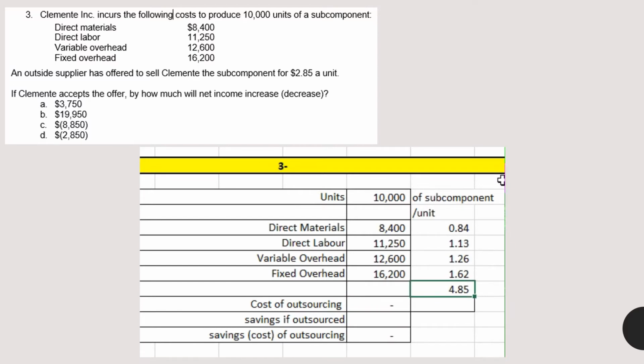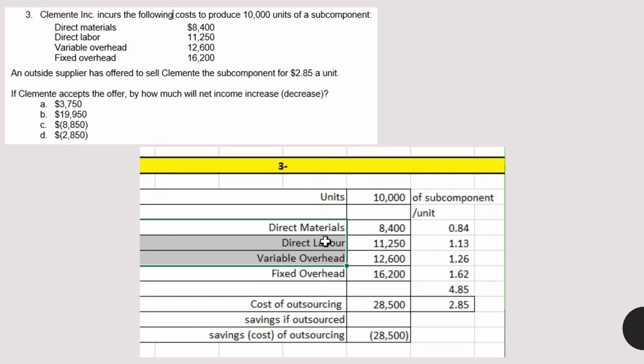Alright, so our total per unit cost, including fixed overhead, is currently at $4.85. We're given a situation where an outside supplier might be able to produce it for $2.85 a unit. So our cost if we outsource those 10,000 units of that subcomponent would be $28,500. Our savings if outsourced would be only the variable costs.